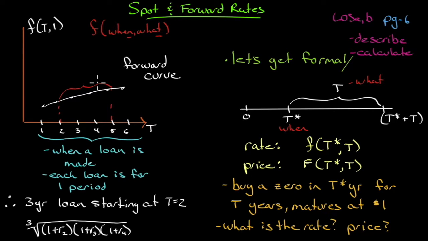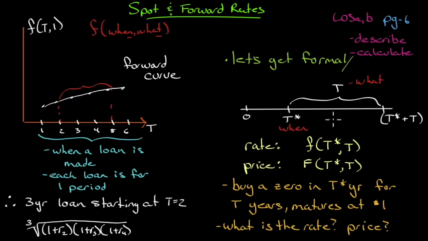That's easy enough. So let's introduce some of the notation that the reading introduces, the T star and the T, and see what we're doing here. So here's our when and here's our what. Our forward rate is always written as a little f. If we're looking at the rate, it is lowercase f, T star, T. When? In T star years. For what? For T years.